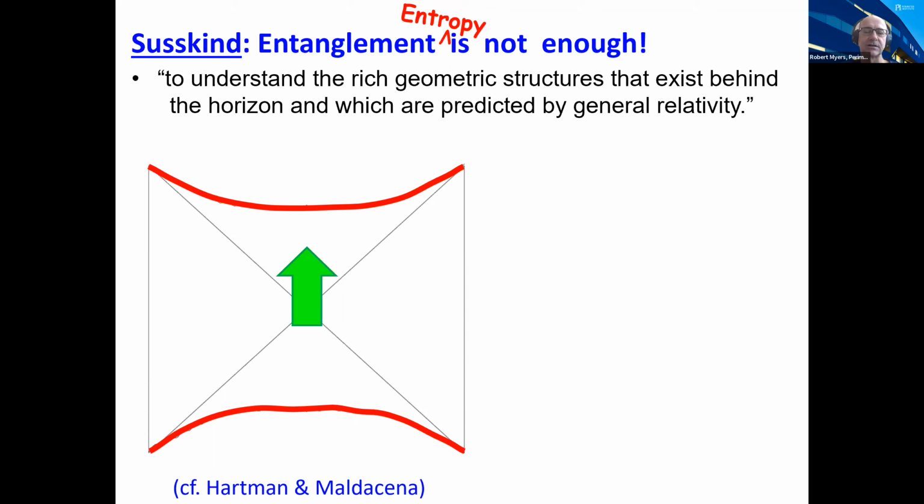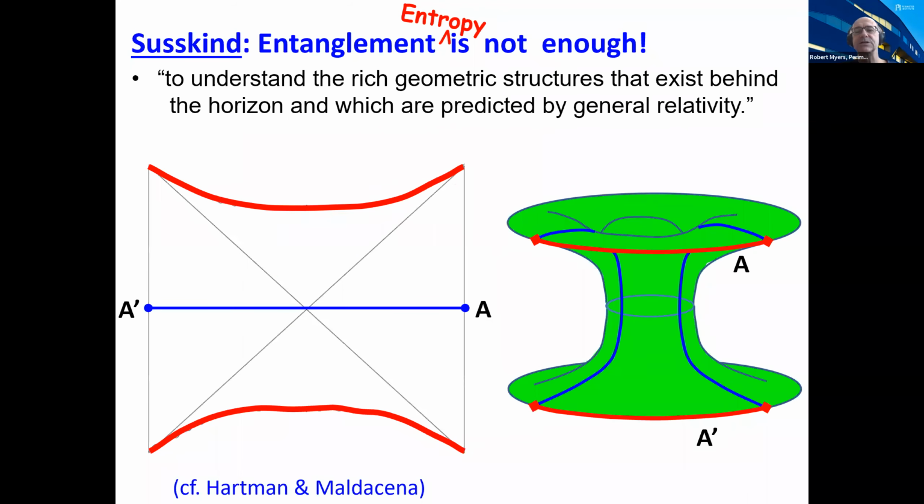that was first a thought experiment put forward by Hartman and Maldacena, where I'm going to consider my eternal black hole. It has two boundaries, and I'm going to choose a region that's comprised of some degrees of freedom on the left side and some degrees of freedom on the right side. And I'm going to ask, what's the entanglement entropy of that set of degrees of freedom, A and A prime, with the rest of the system, or the complement?